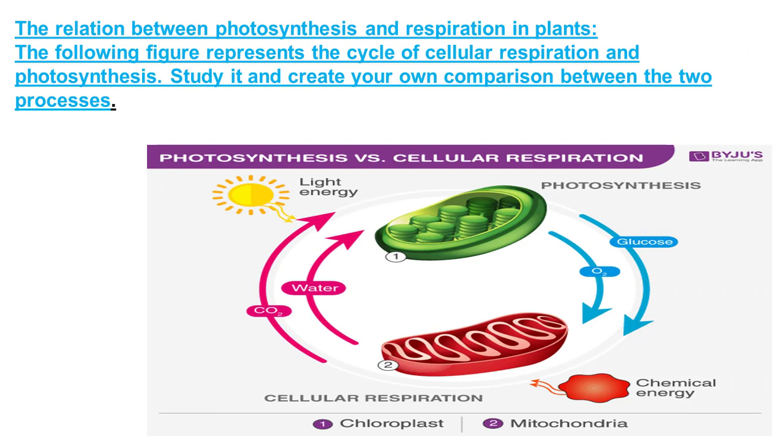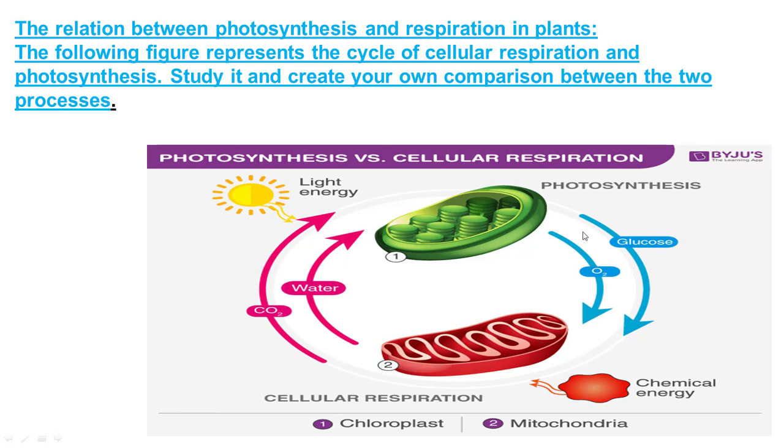We have here a complete relation between photosynthesis and cellular respiration. First, the sun produces light that falls on the green plastid or chloroplast. With their chlorophyll, they absorb the light and change it into chemical potential energy inside the chlorophyll, and by excitation it will form ATP and form glucose.